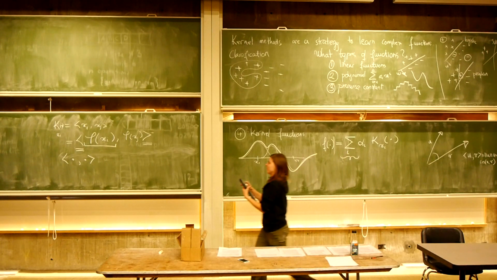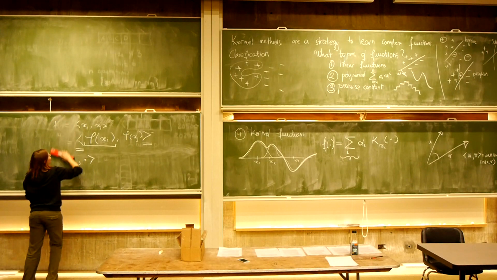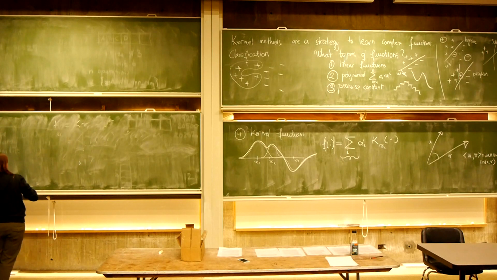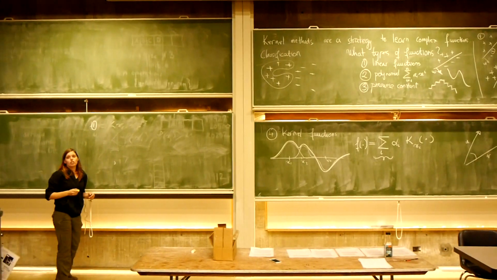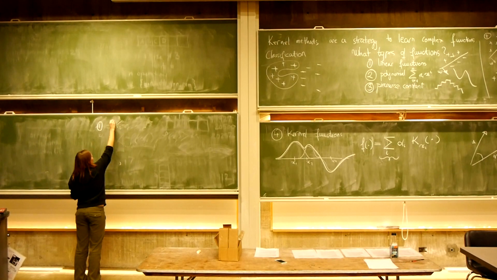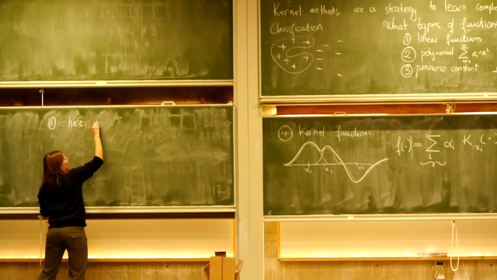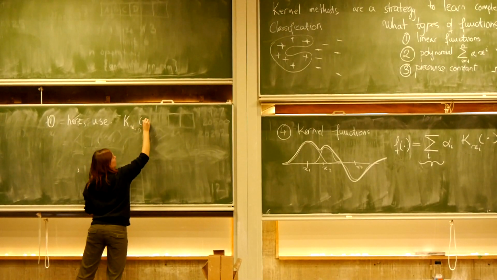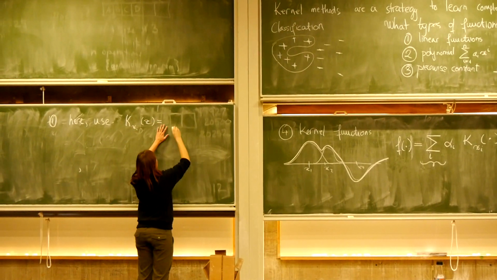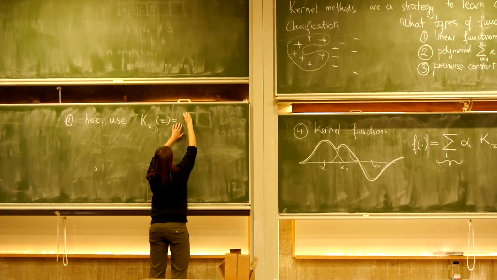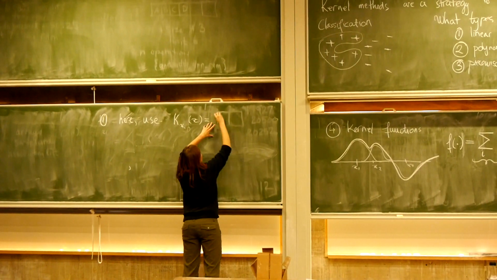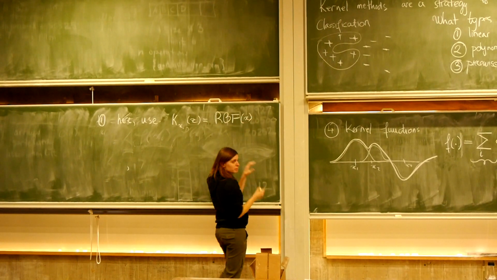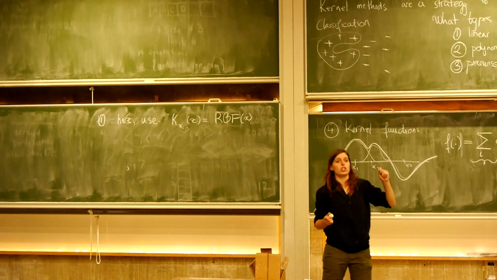So let's try to write this down. Here's the pipeline. Somebody comes and gives you a kernel. Says here, use K as the, I don't know, like RBF kernel. I'm handed a kernel.